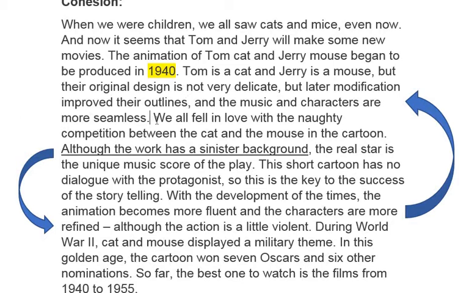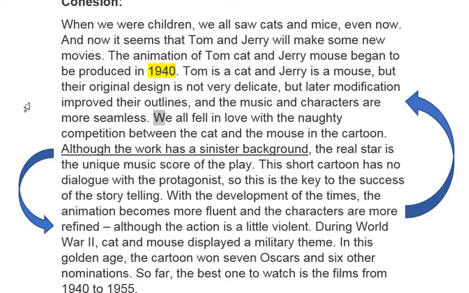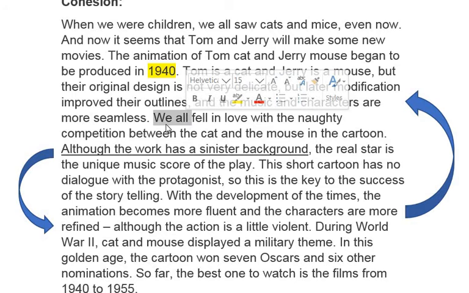Okay, let's come down to here now. We all fell in love with the naughty competition between the cat and the mouse in the cartoon. Okay, we can assume that we here includes the reader and most people. Actually, I would steer clear of using these words, we and all together like that, because it assumes all people, but there may well be people in the world who haven't seen Tom and Jerry or haven't fallen in love with it.